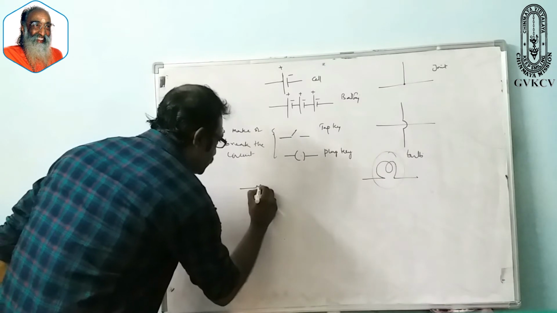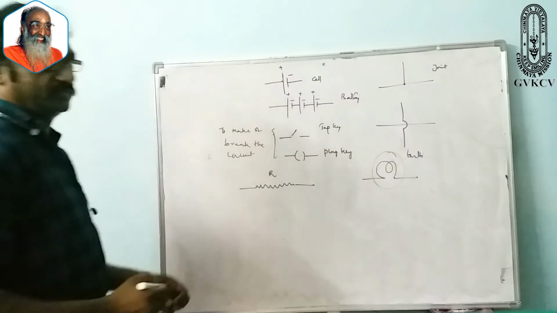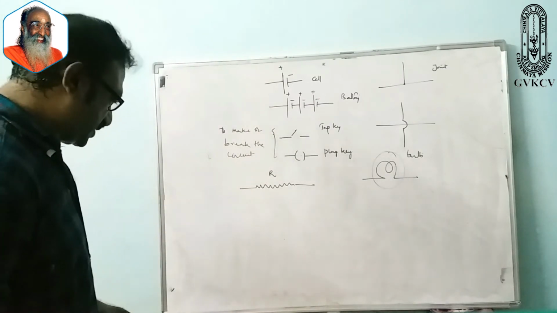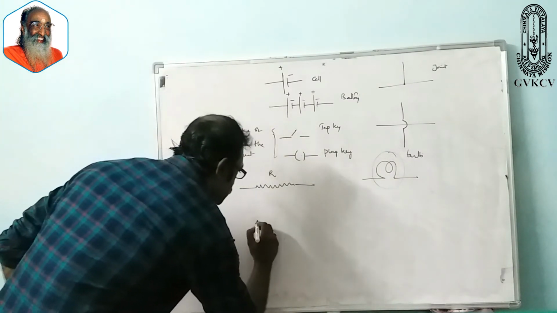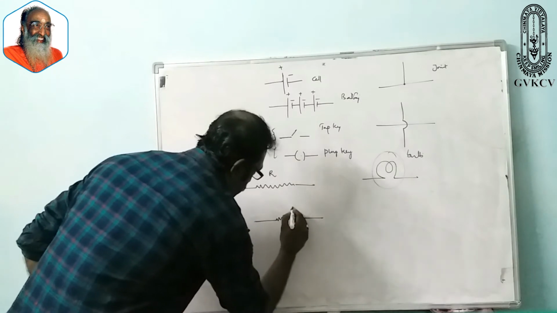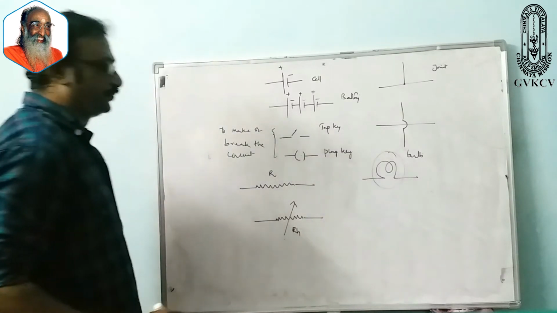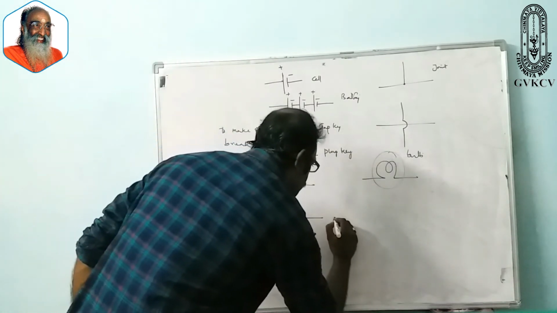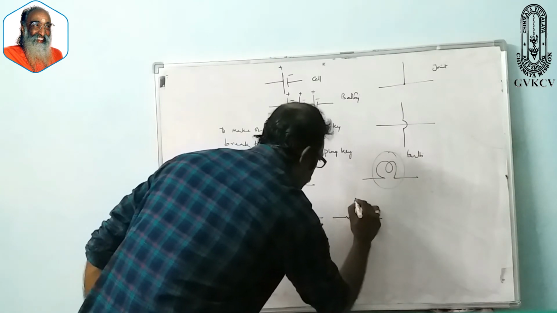And next one is a zigzag line. This symbol is used for resistance. Later we'll come to know the meaning and definition of resistance. And next one is an appliance called the variable resistance. Or this also can be shown like this, a zigzag line, and upon that one jockey.